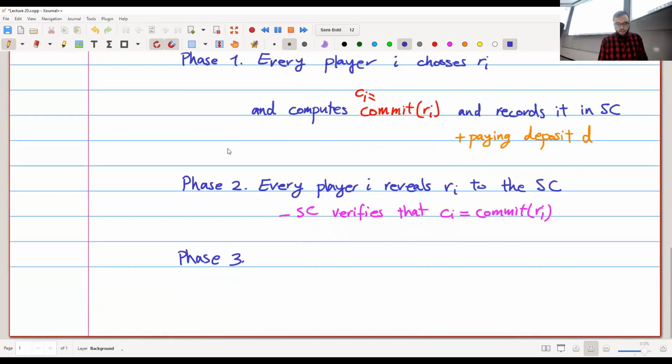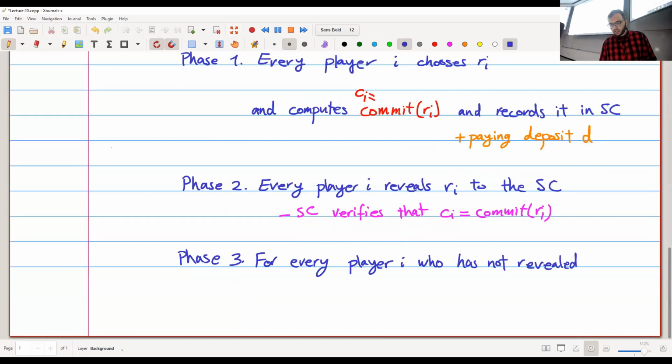So here I want to say for every player I who has not revealed, or who has revealed an invalid value, so who has not revealed RI, other players can find the RI, can compute RI, and they can also add it to the smart contract.